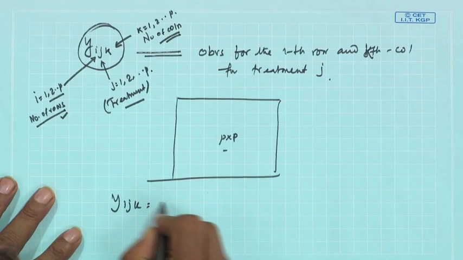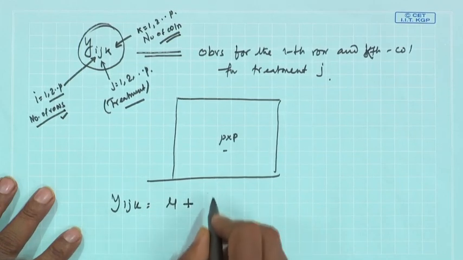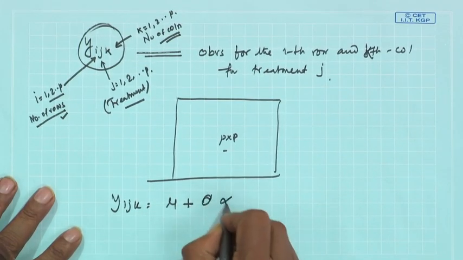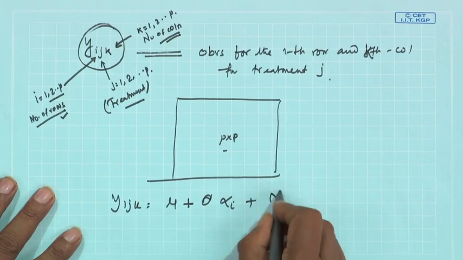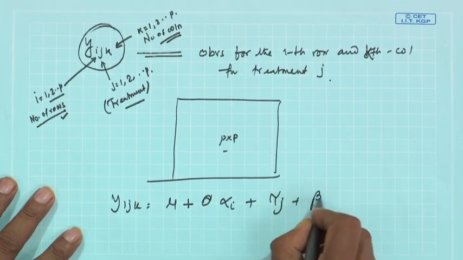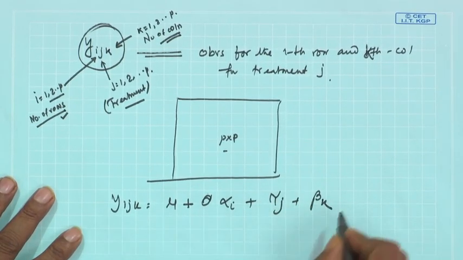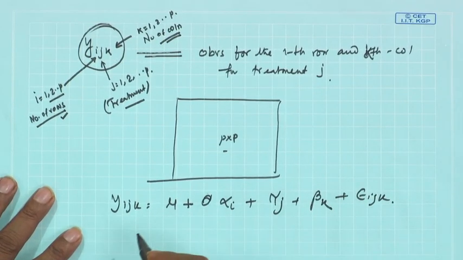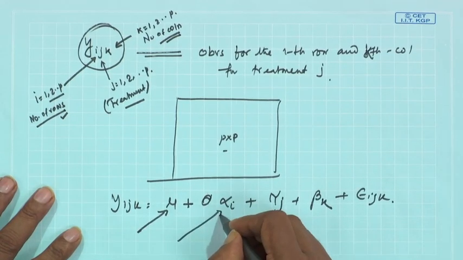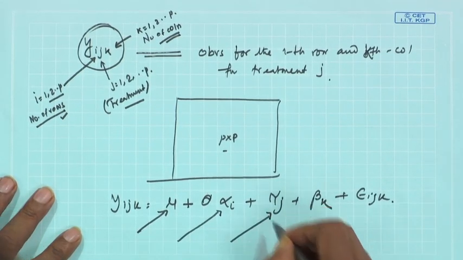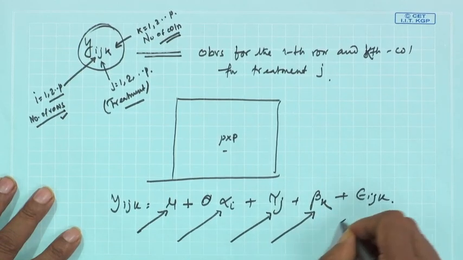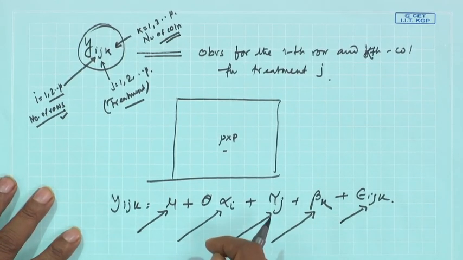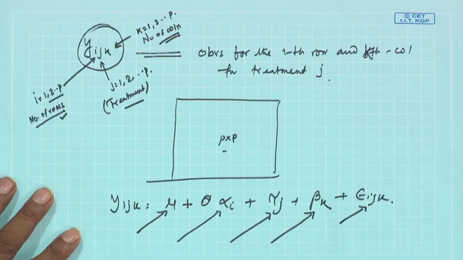y i j k will be mu plus alpha i plus tau j plus beta k plus epsilon i j k. Overall mean, block 1 effect, treatment effect, block 2 effect, error, and sources of variability.